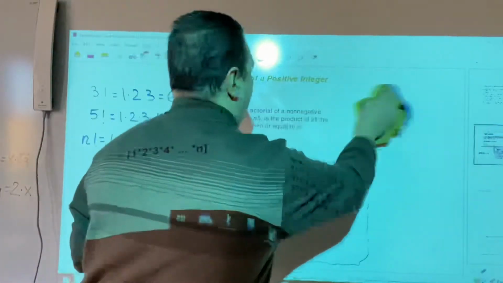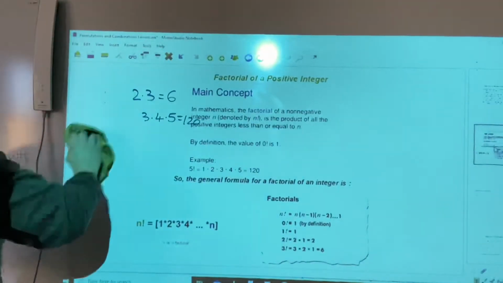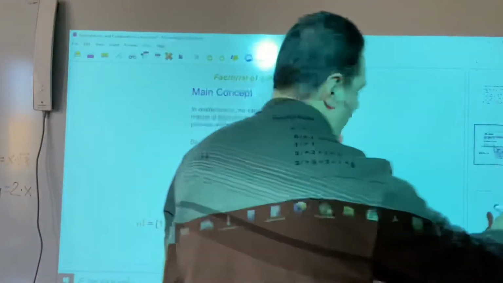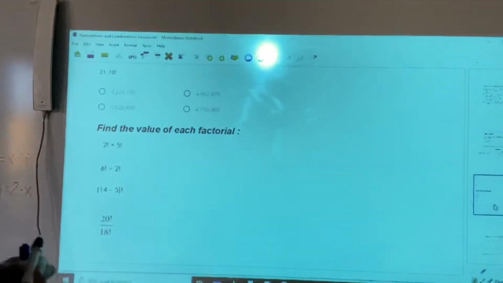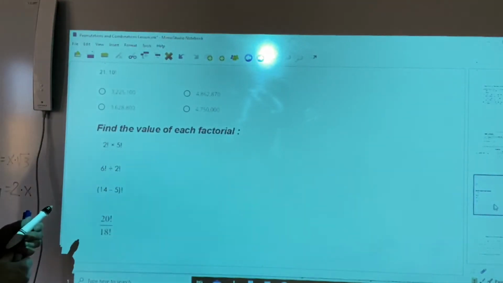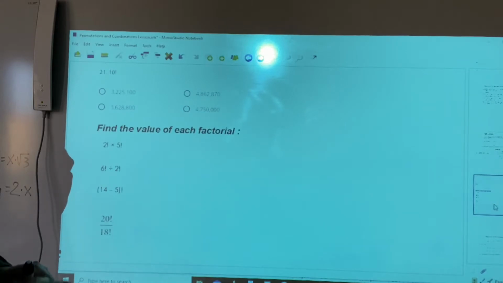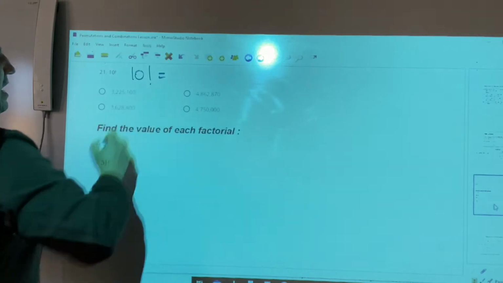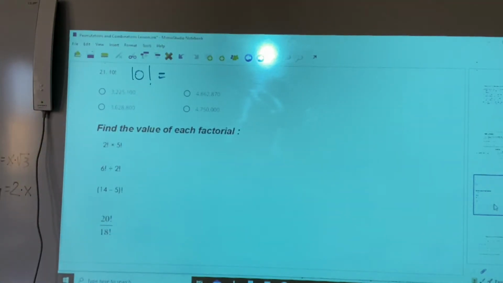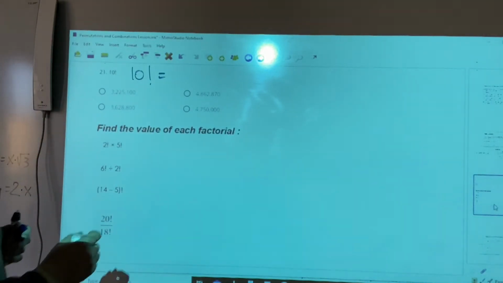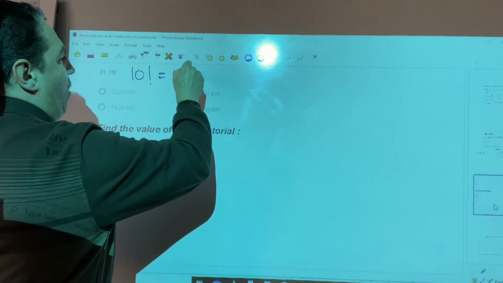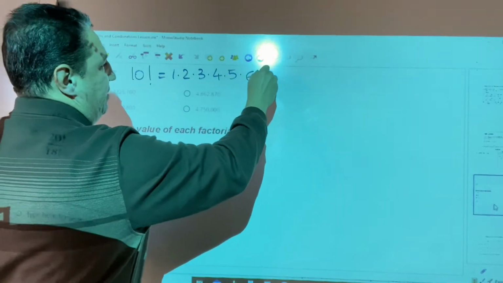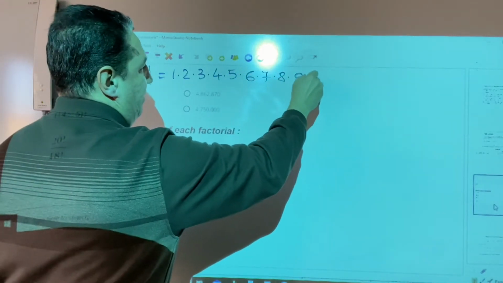Let's have a few examples. In this example, it says find 10 factorial. According to the definition or the formula for the factorial of a number, 10 factorial would be 1 times 2 times 3 times 4 times 5 times 6 times 7 times 8 times 9 times 10.